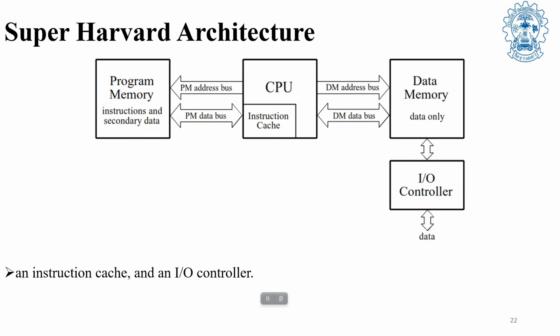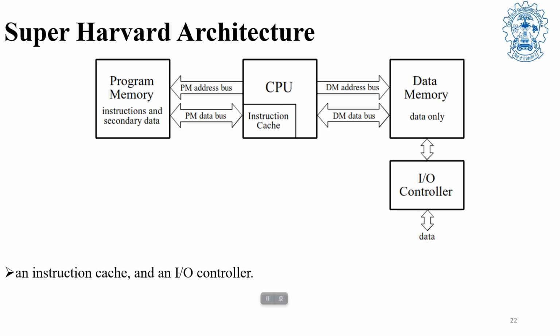So if the input is coming from the data memory, at the same time the program memory will transfer the filter coefficients. There is another feature, that the instructions can be stored inside the CPU within a small memory, that is the instruction cache.